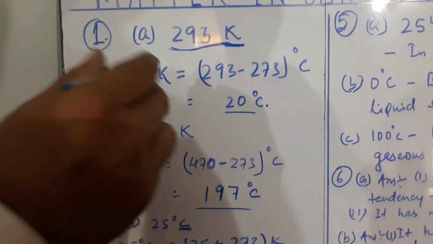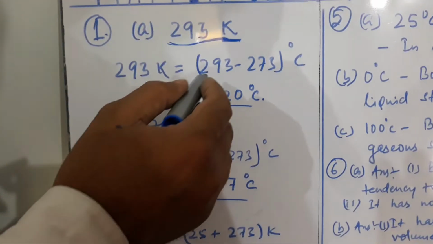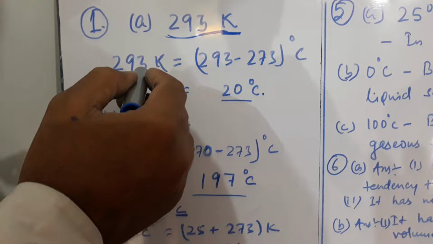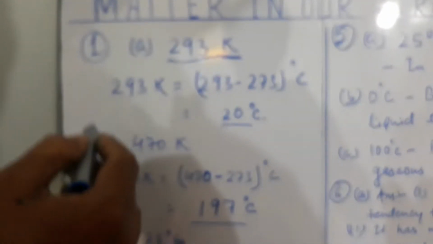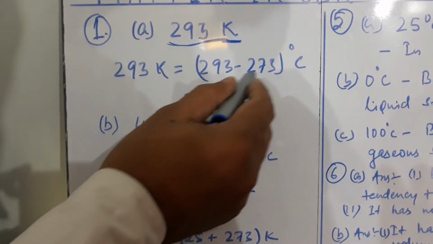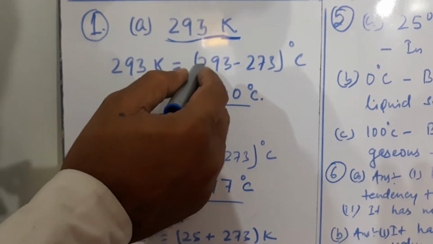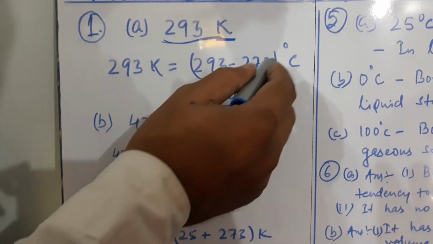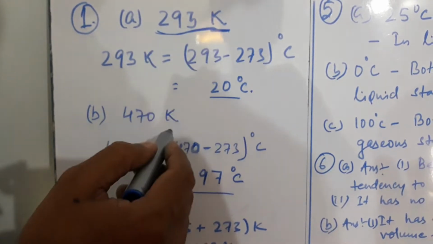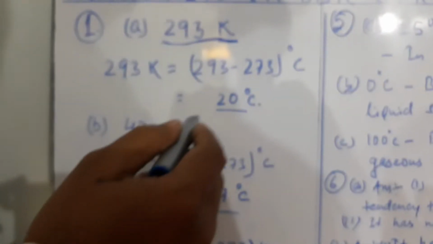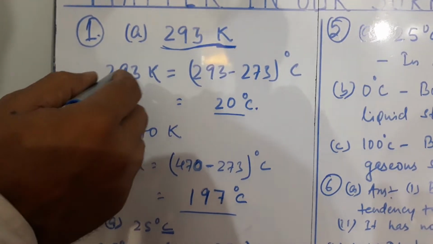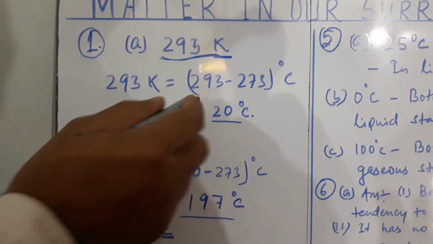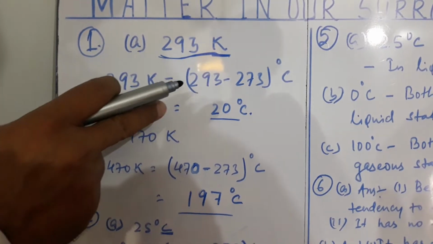To convert this into Celsius, we subtract 273 from 293, and we write it in this way: under bracket, 293 minus 273 degrees centigrade, and the answer will be 20 degrees centigrade. The process of writing should be in this way. Then only you will get full marks.